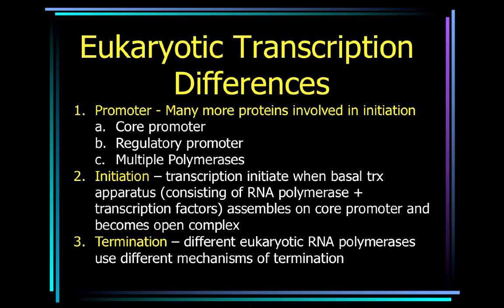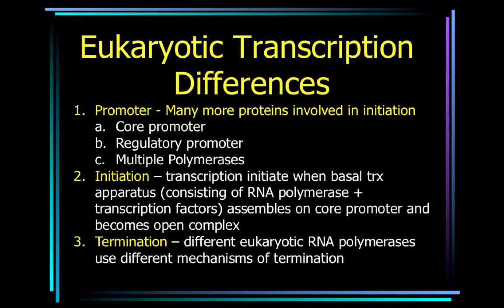In initiation, the difference that we see with eukaryotic cells is that transcription is going to be initiated when the basal transcription apparatus that consists of RNA polymerase plus transcription factors assembles on the core promoter and becomes an open complex.